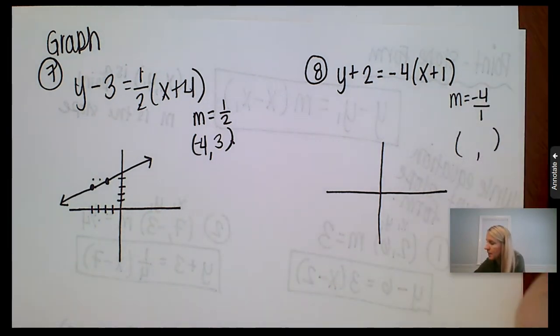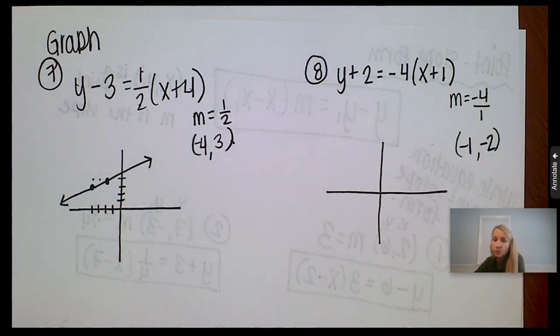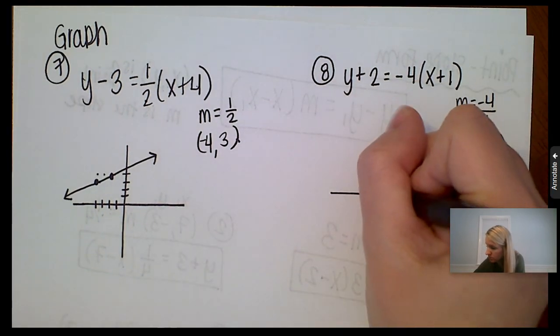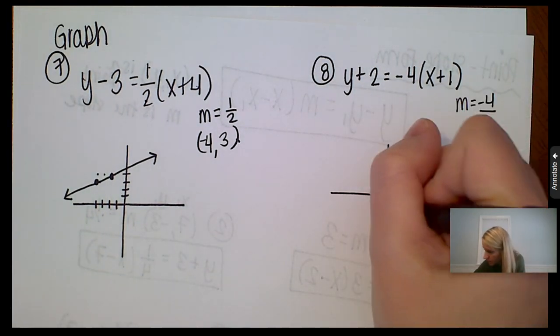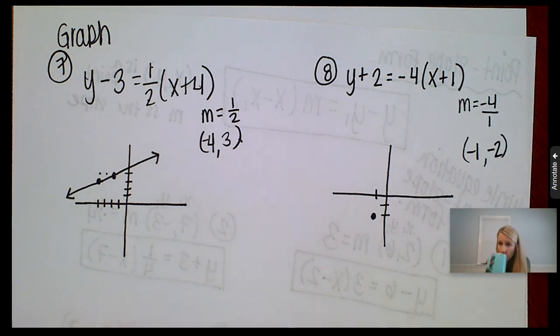I got a point. My point in this case, the x is going to be -1, and the y is going to be -2. Okay, let's do our point. -1, -2 is my original point that I need. That's my starting point.